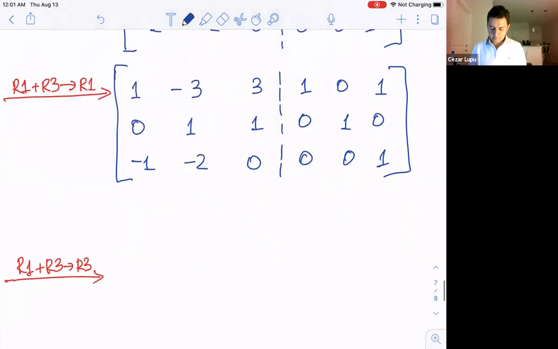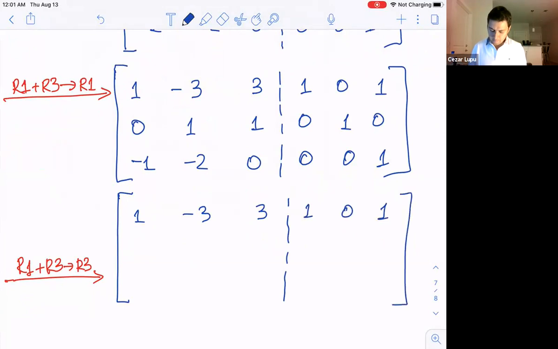We'll get the following. So we'll get 0, -5, 3, 1, 0, 2. Okay.